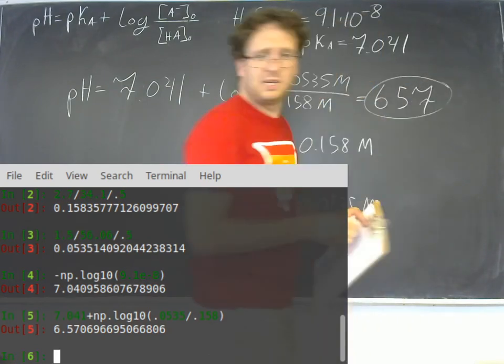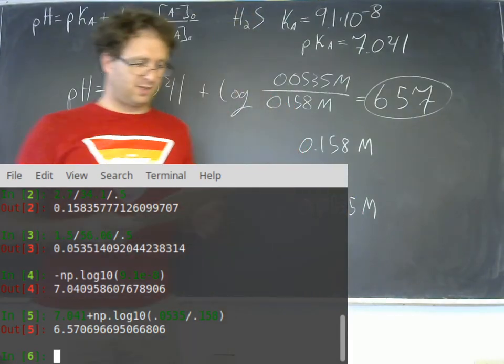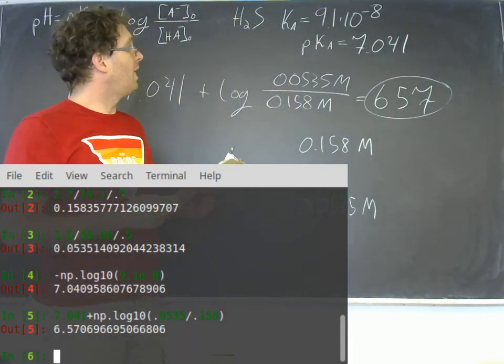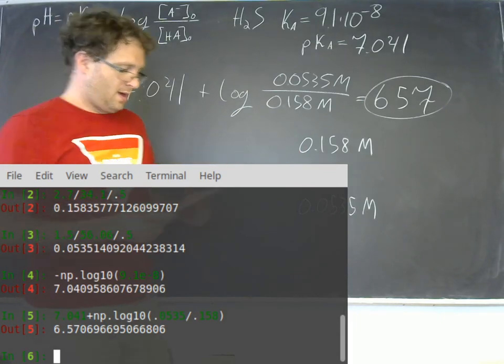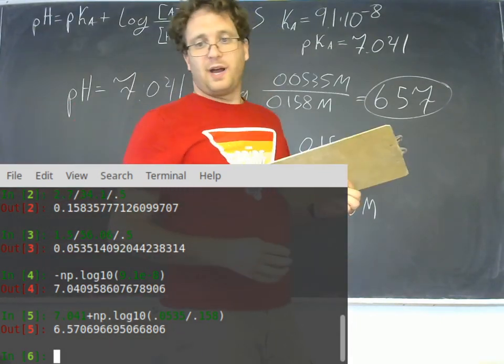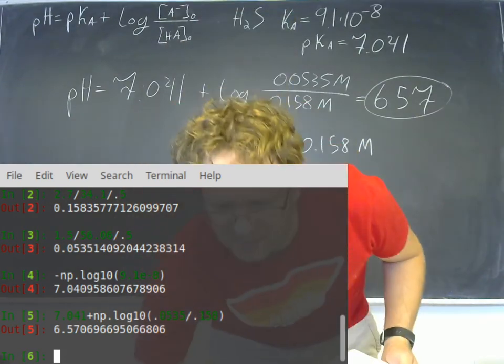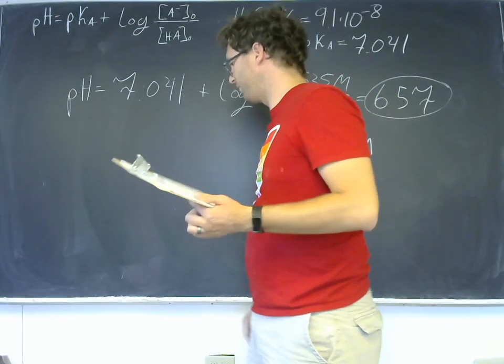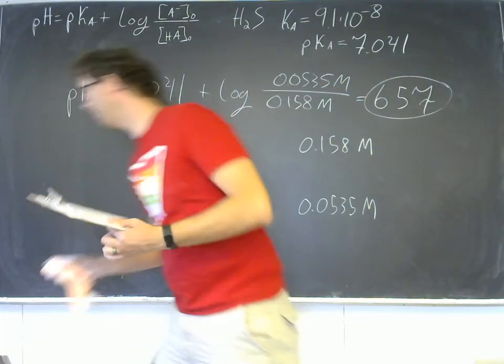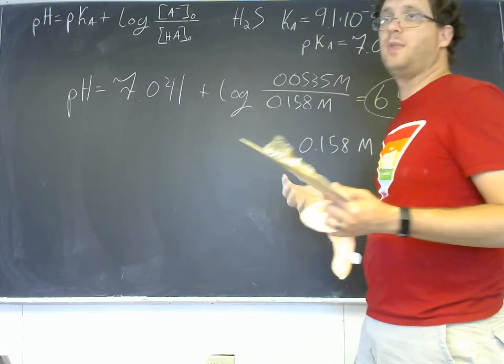That is the pH of our buffer solution. So let's do one more practice problem because this is a pretty important type of topic that we need to practice a lot.